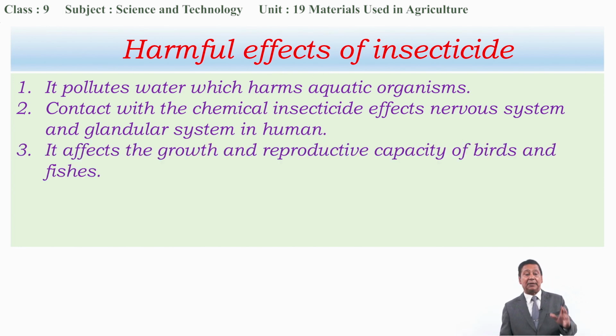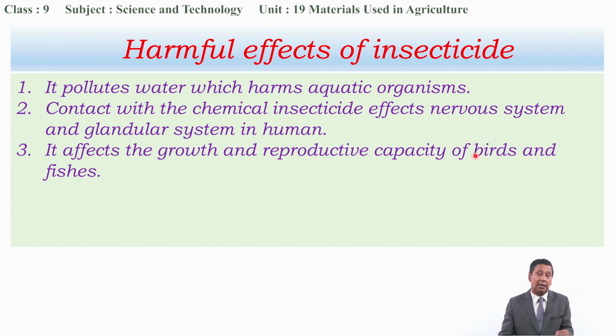Another, it affects the growth and reproductive capacity of birds and fishes. This insecticide is used to kill harmful insects, but if a killed insect is consumed by a bird, it won't kill the bird, but it will reduce its reproductive capacity.